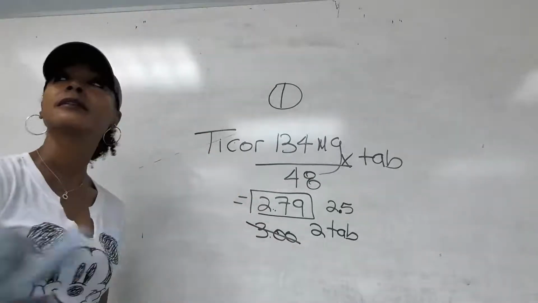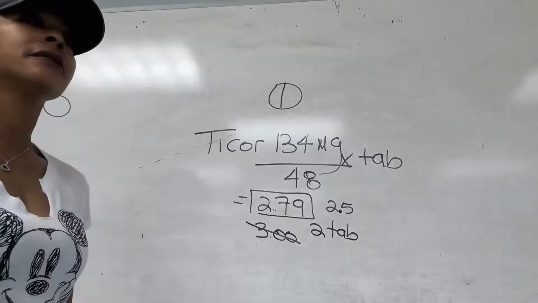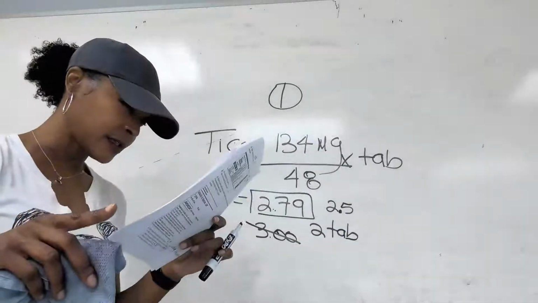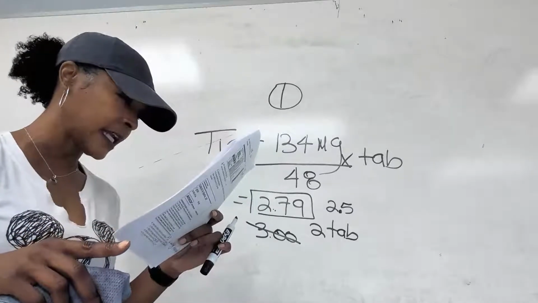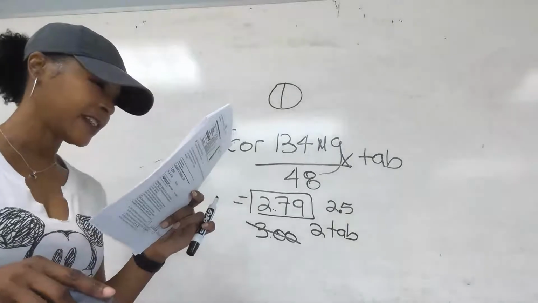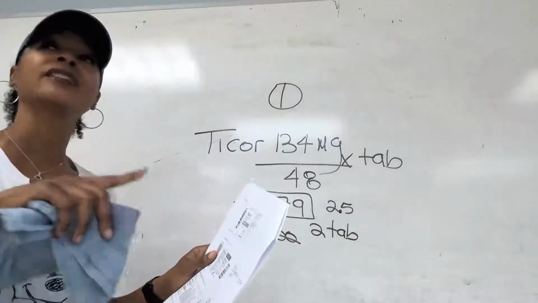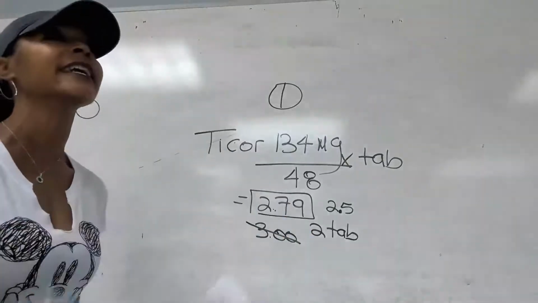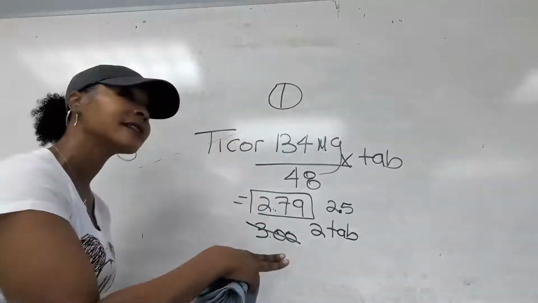So it would indicate on the label. Now, this Tricor is not a scored tablet. If it gives you that information, or it notes in the problem that the tablet is scored, that's your hint that it can be cut.